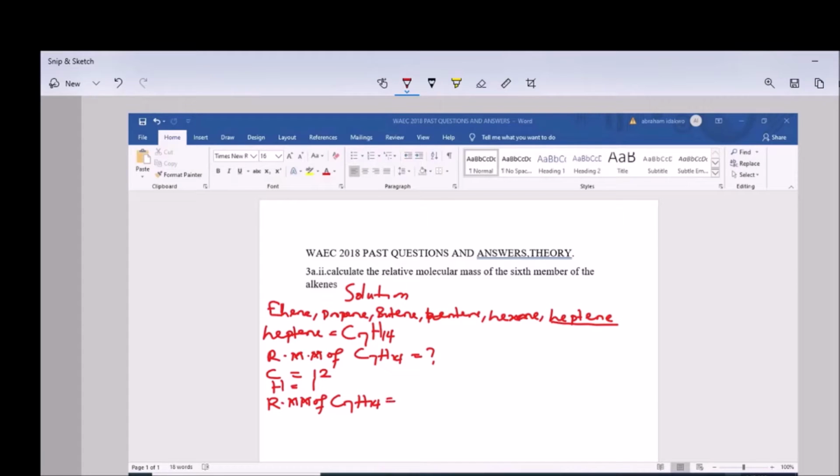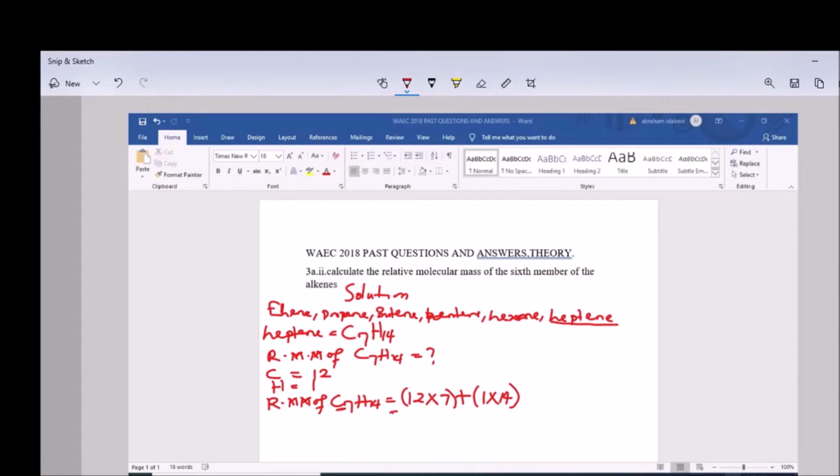C7H14 is given as 12, which is the relative atomic mass of carbon, multiplied by 7. That is, we have 7 carbons, then we add the relative atomic mass of hydrogen, which is 1, multiplied by the number of hydrogen we have, which is 14.